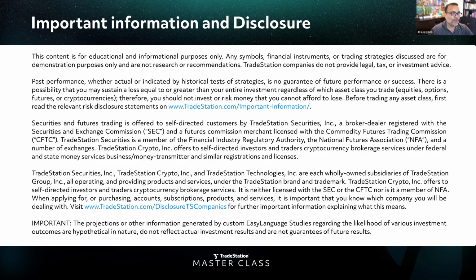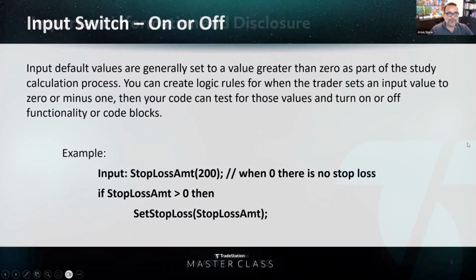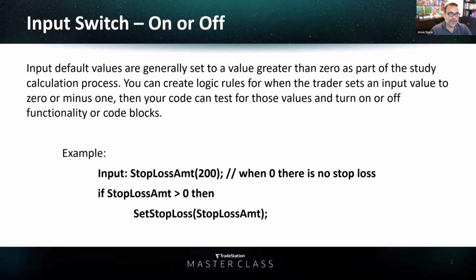We're going to start with an input switch, something to turn on or off a particular feature in your program. An input default value is generally set to a value greater than 0 as part of the study calculation process. You can create logic rules for when the trader sets an input value to 0 or -1.